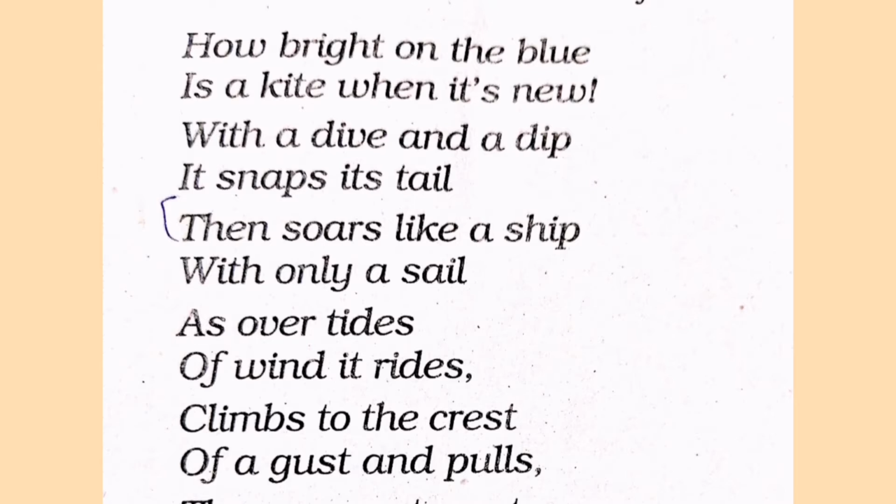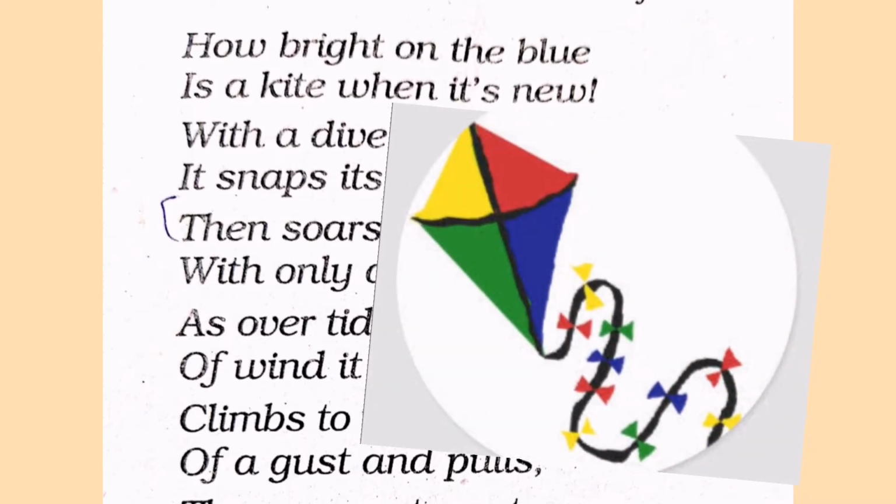Now, in these lines, what the poet is trying to explain is like a kite. When it is new, it looks very bright on a clear sky. And when it flies for the first time, it looks very beautiful. It moves with softness and force together at the same time.